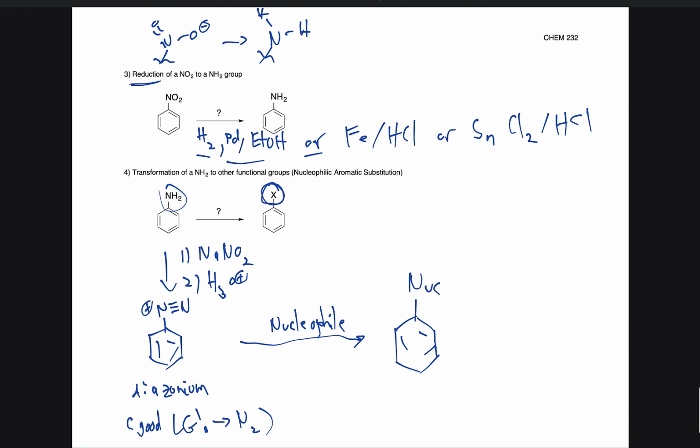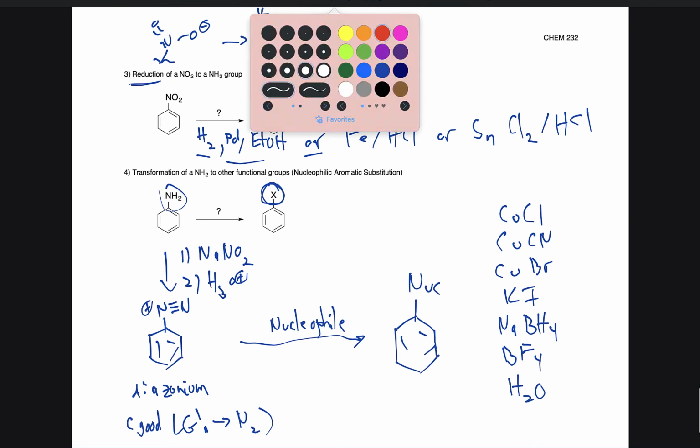And I'm going to write a list of conditions off to the side here that we can use. So instead of nucleophile, we can add, and we don't have to worry about solvent or anything like that, but we can use things like copper chloride, copper cyanide, copper bromide, potassium iodide, sodium borohydride, HBF4, H2O. We can use any of these conditions, and I'm going to highlight what gets added here, right?